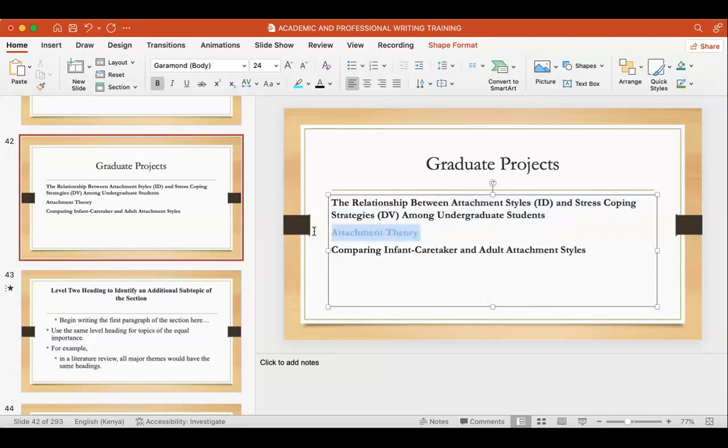So this will be, you've done the introduction under this, but now here, comparing infant caregiver attachment styles, etc.